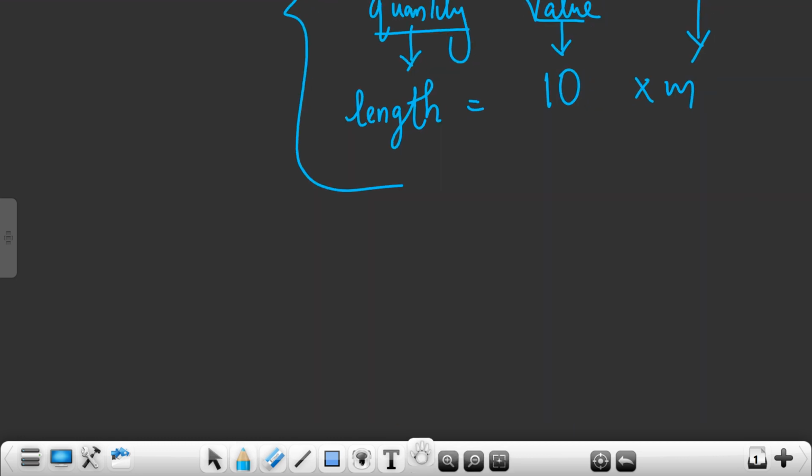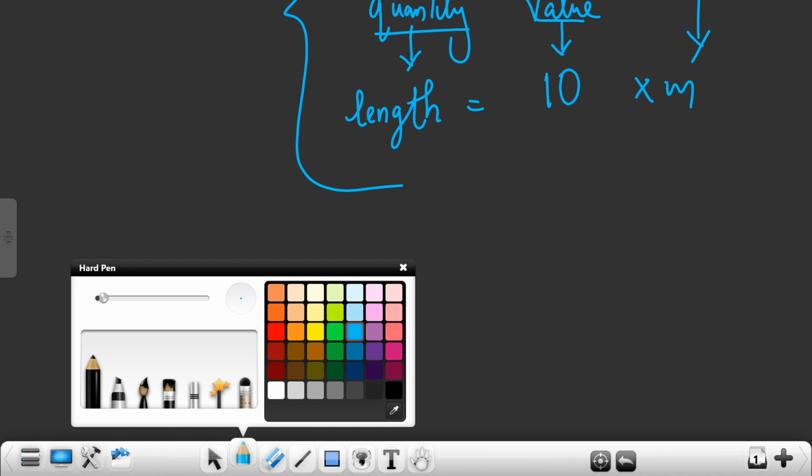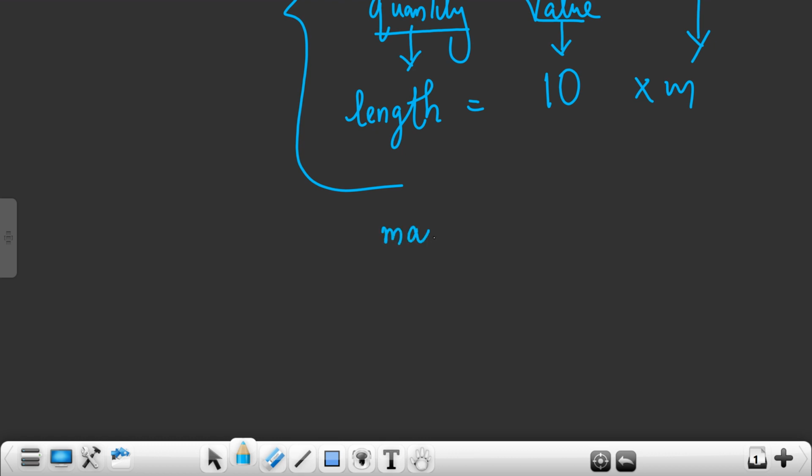Another example: if the mass of a quantity of sugar is 5 kilogram, then mass is a physical quantity, 5 is the numerical value or magnitude, and kilogram, kg, is the unit. That is, the result of measurement of a physical quantity is expressed in terms of two parameters.